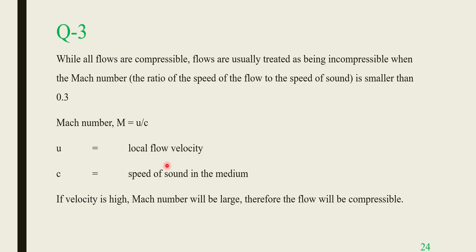If the local flow velocity is very high, Mach number will be very large and the flow will be compressible. But if the flow velocity is very low, Mach number would be smaller than 0.3, thereby becoming incompressible flow.